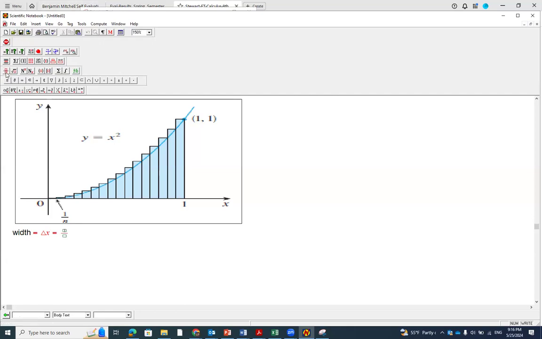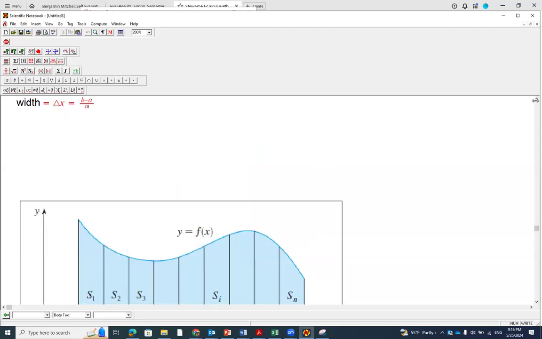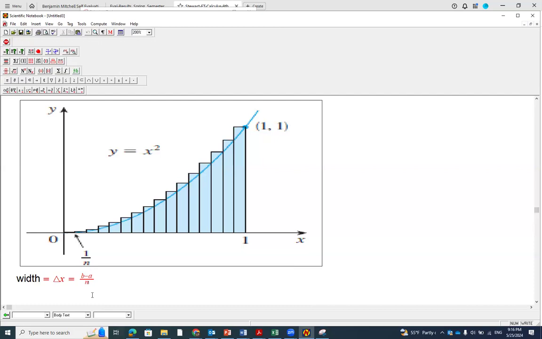The interval we divided into n subintervals is from 0 to 1. So 0 we call a, and 1 we call b. So delta x is b minus a divided by n. That's the width of the rectangle, the subinterval. In our case, it's just 1 over n.